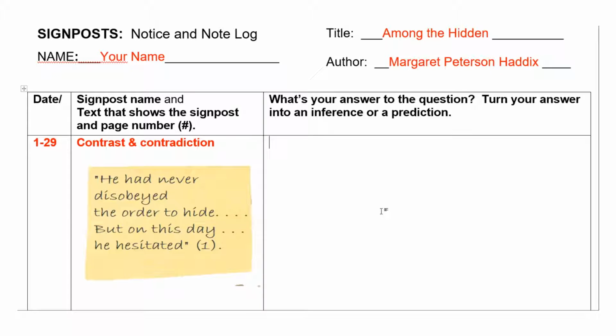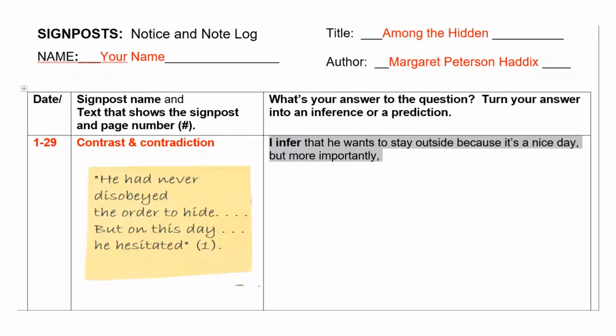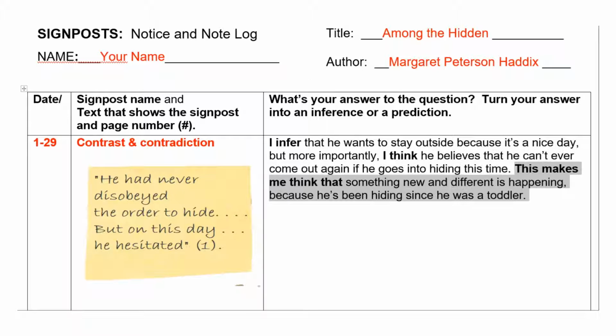And now I'm going to try and capture the important inferences or predictions that I made when I was thinking aloud on the text. The first thing was that I infer he wants to stay outside because it's a nice day. Probably I should say Luke wants to stay outside because it's a nice day. But more importantly, I think he believes that he can't ever come out again if he goes into hiding.